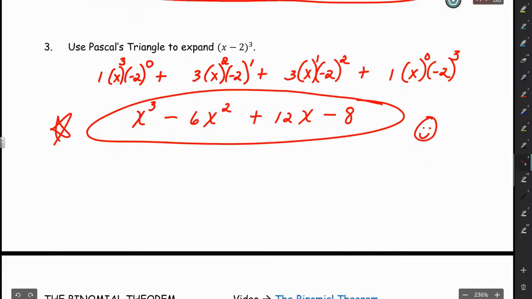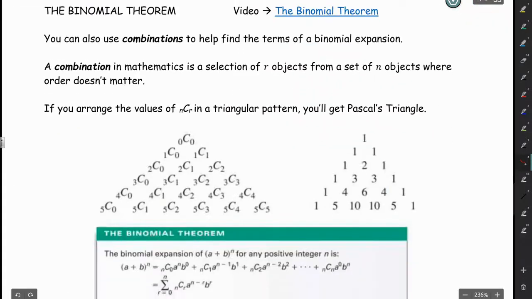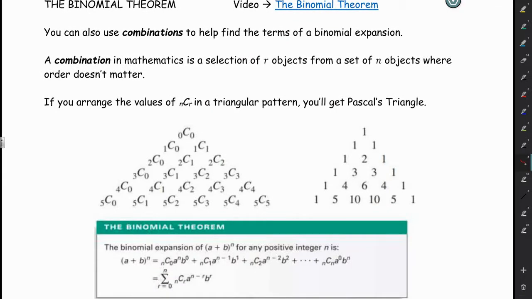Okay, let's keep going. So that was Pascal's triangle, and now we're going to take a look at the binomial theorem. The binomial theorem eliminates the use of drawing out Pascal's triangle because what we find out is that you can use combinations to help us do the binomial expansion. And just so you know, a combination in mathematics is the selection of R objects from a set of N objects where order doesn't matter.